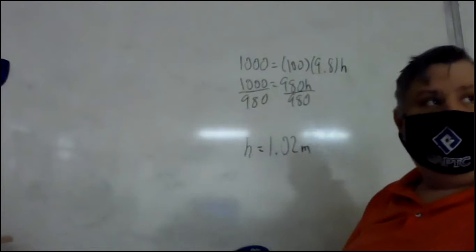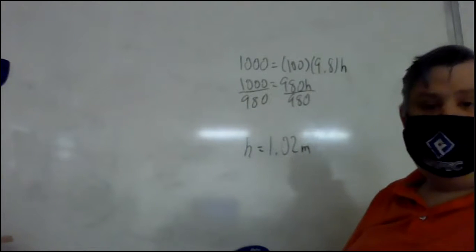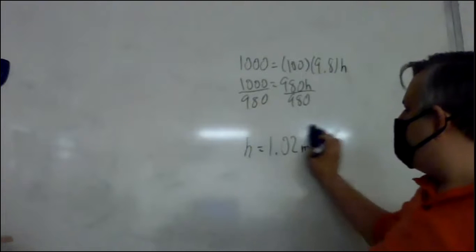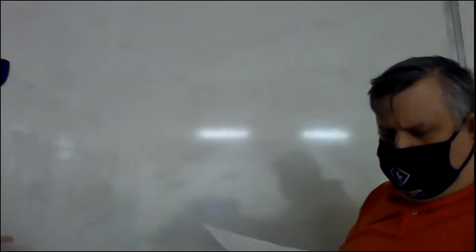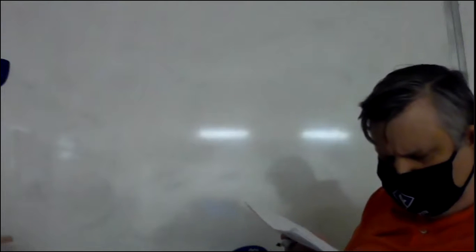The potential energy formula really isn't that difficult to use. Number 27, though, can be kind of difficult. And you have to think about what it's giving you.